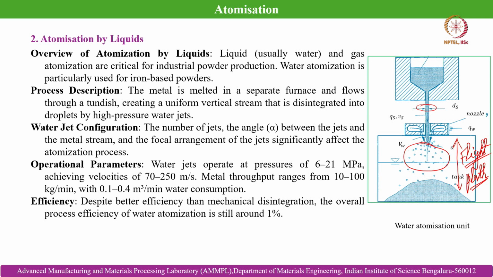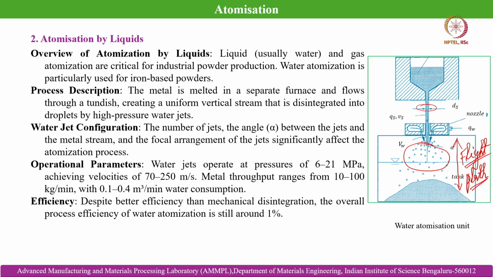However, it is still limited to very few countries in the world, and its production of powders by plasma atomization is still not that popular because of the capital investment involved, whereas water and gas atomization based powder manufacturing techniques are quite popular, and so they are practiced in a widespread manner.